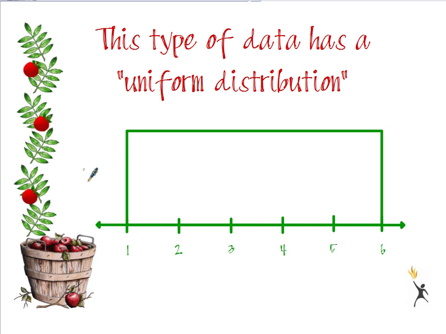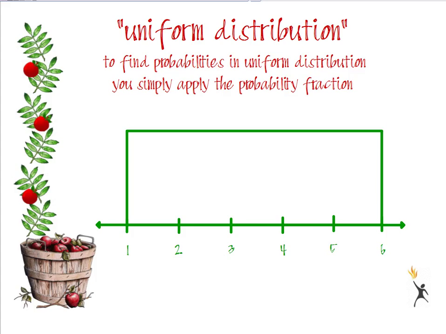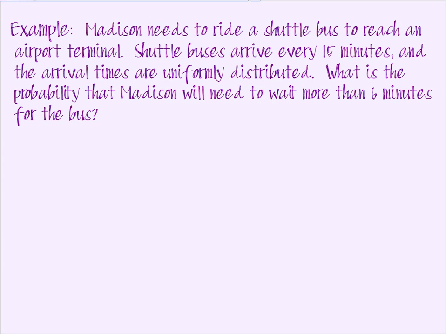In uniform distribution, because everything has exactly the same probability, my graph looks more like a box than it does a bell curve. This is called uniform distribution because the data is spread uniformly throughout the distribution. And to find probabilities in uniform distribution, we're going to apply the probability fractions that we used last year.